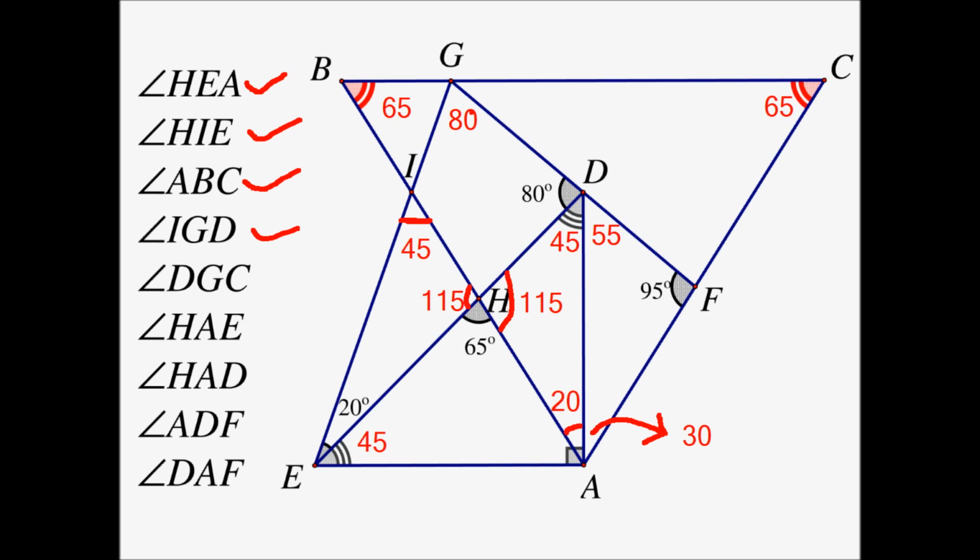DGC. Okay, if this is 95, these two angles form a linear pair. These two angles are marked by two dots. So from 180, if I subtract 95, I'm going to get 85. This has to be 85.